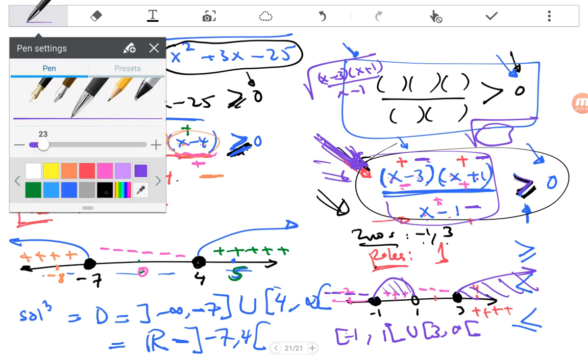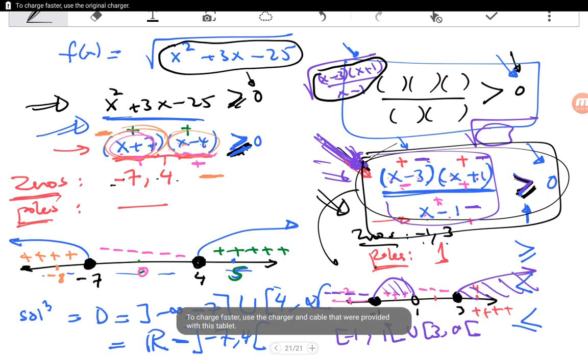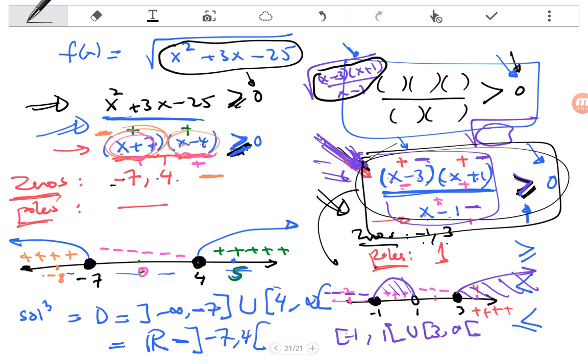So I have taken what is inside the root, and I put it greater than or equal to 0. When I put this, I learned how to solve an inequality. So what we have learned now is the procedure to find the solution of an inequality.